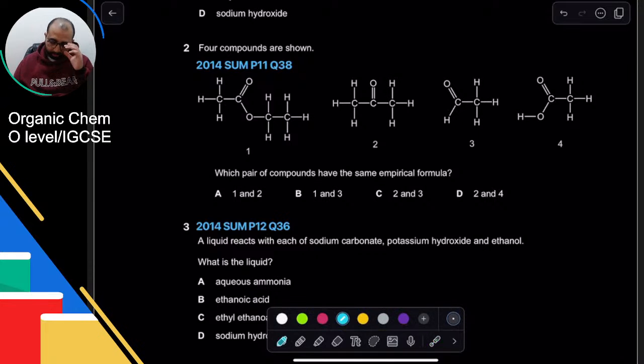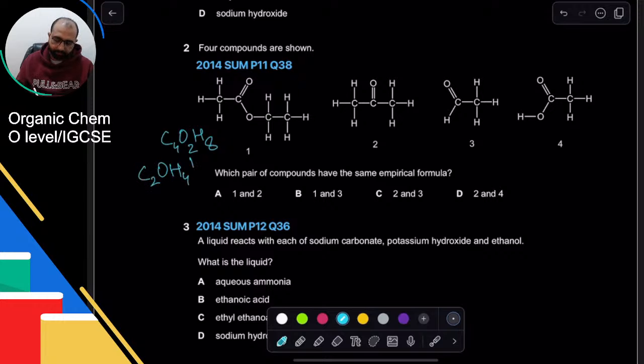4 compounds are shown. Okay, which pair have the same empirical formula? Again, you just have to count the atoms and then see कि उनकी रेशियो क्या बनती है. So इसको अगर हम देखते हैं तो C4O2 H8. So इसका empirical formula बनेगा C2OH4. Okay, let's look at this one. C3OH6. Okay, that's a different one.